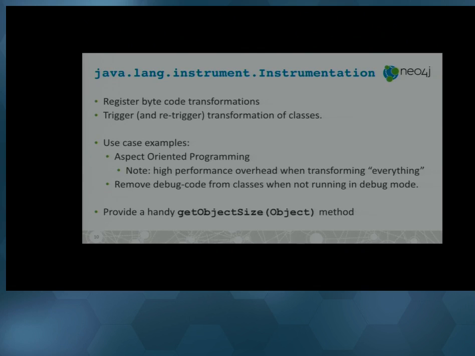I prefer to do my transformation ahead of time, and one reason for that is that it makes code loading much, much slower. But it also provides a handy method for getting object size. Give it an object, and it will tell you how big it is. It's a sizeof operator, which is missing otherwise in Java.